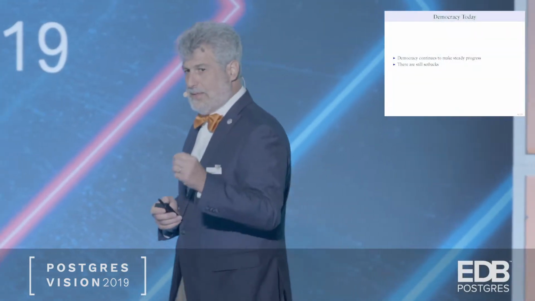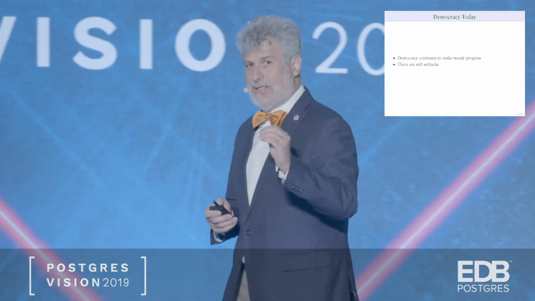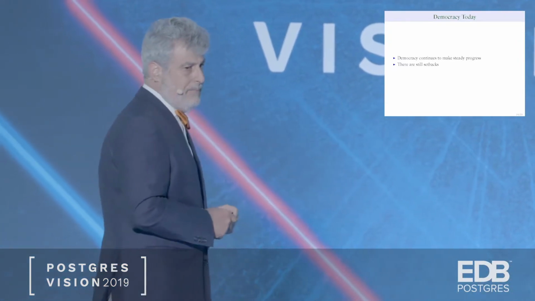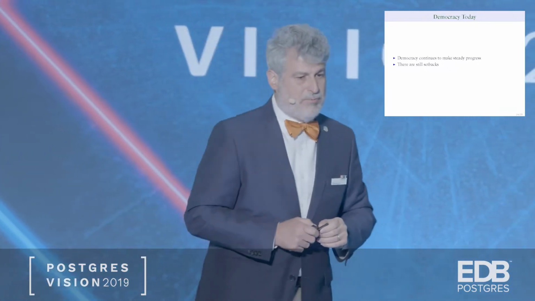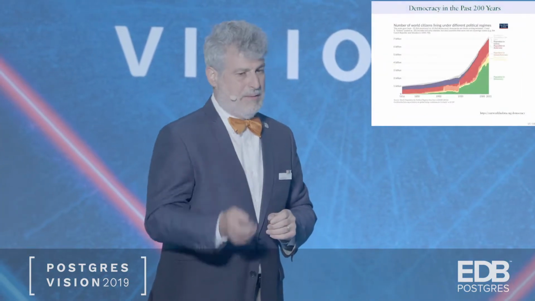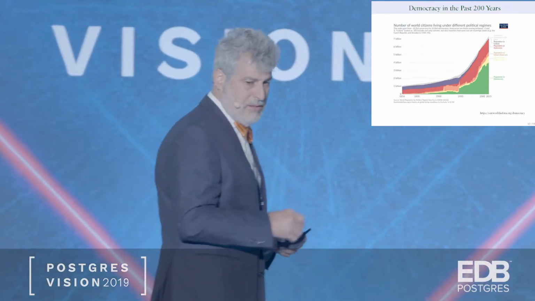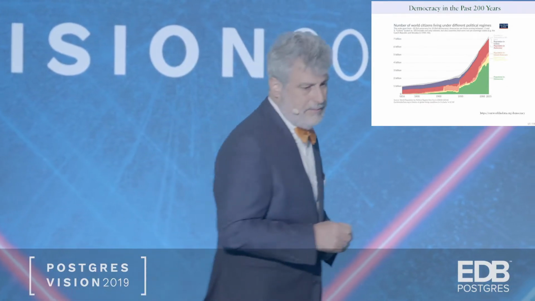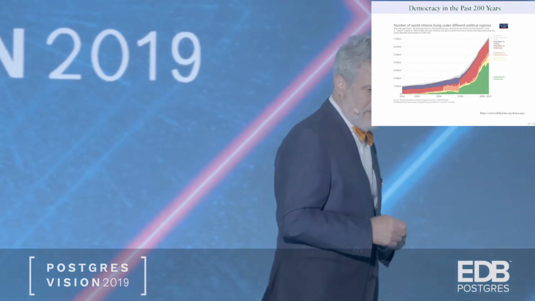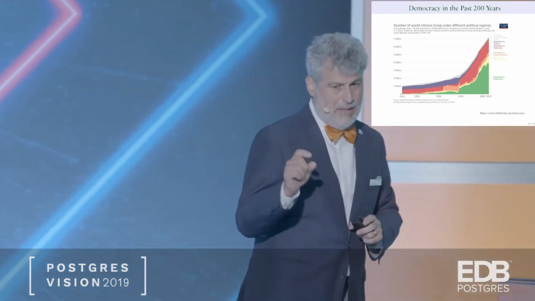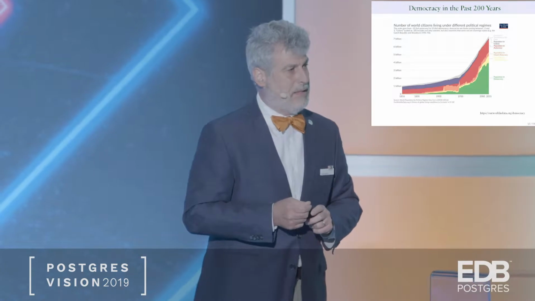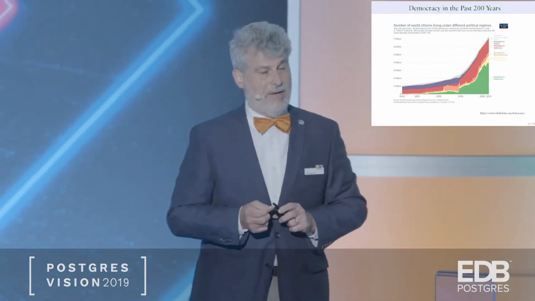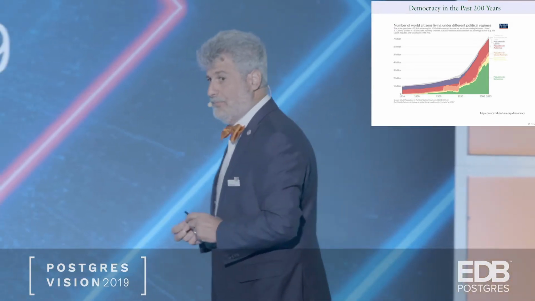So my point is that democracy is not going to be a straight line. It's often up and down, but again, there's a general trend. Democracy continues to make steady progress, but again, there's still setbacks. This chart, actually created by I think the Pew Trust, shows the number of people under every type of government structure for the past 200 years. The red area is autocracy.